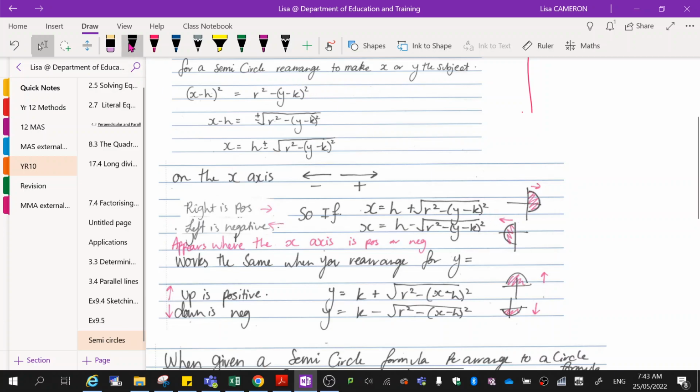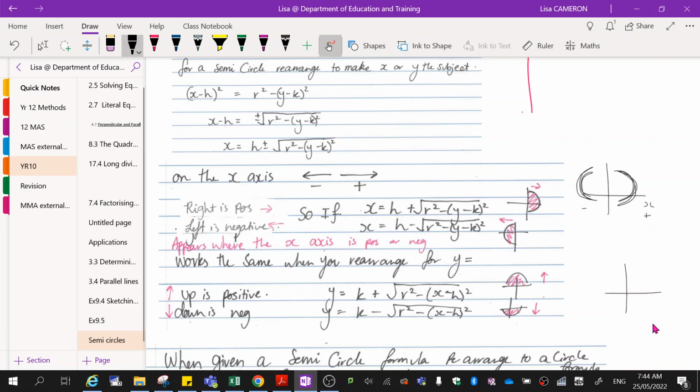Now, another thing you should notice is if I draw my axis, this is the x-axis, so this is the positive zone, this is the negative zone. If this is positive, then x appears over here in the positive direction for x. And if x is negative, it'll appear over here in the negative direction for x.